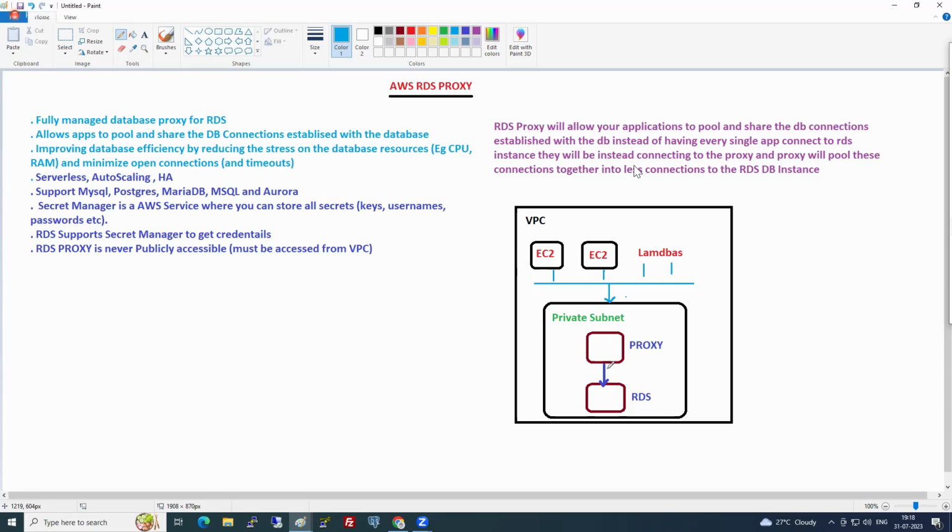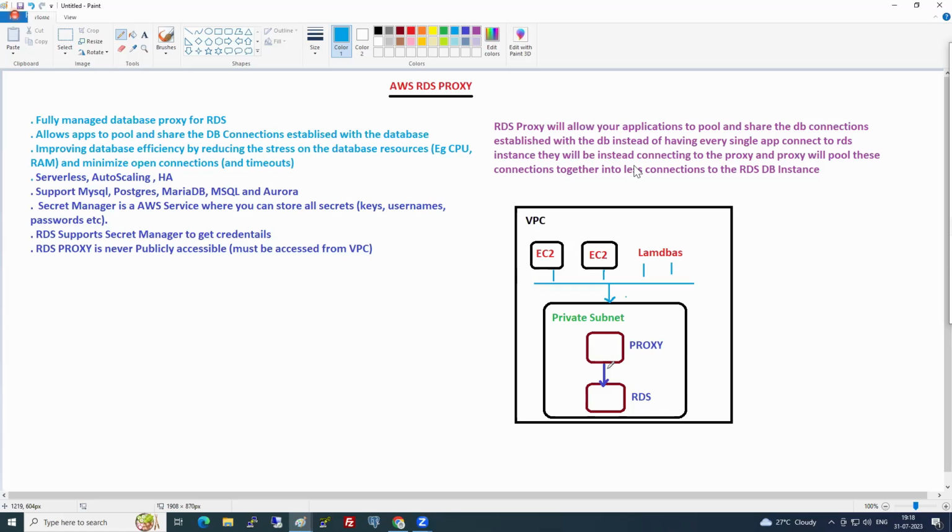Read replicas are used to increase the performance of your databases. Multi-AZ is for high availability purposes. Please go through this once. I'm sure everyone understood, but it does no harm to revise. It will hardly take 5 minutes.